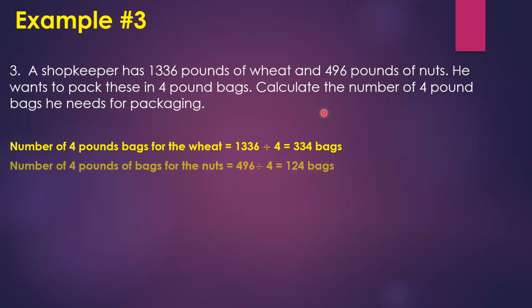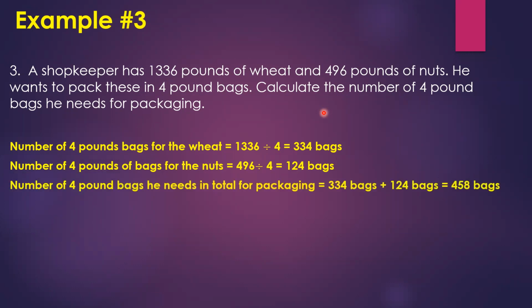Uh-huh. And for the bags of nuts, you get 124 bags. Good. And you add them together to get the bags he needs in total for packaging. When you add them, what do you get? 458 bags. 458 bags. Very good.